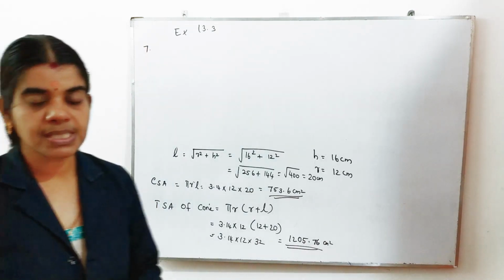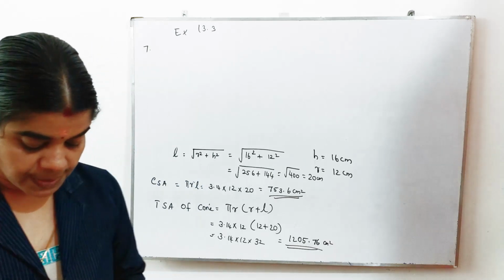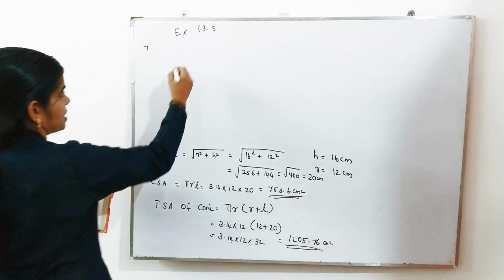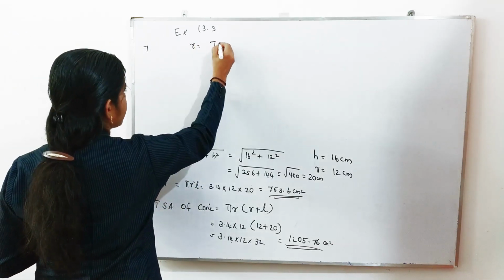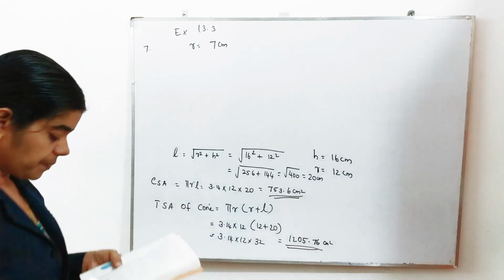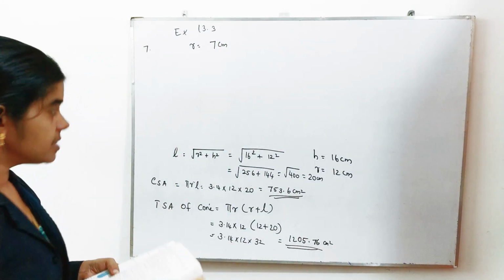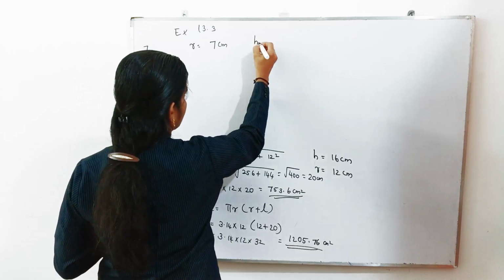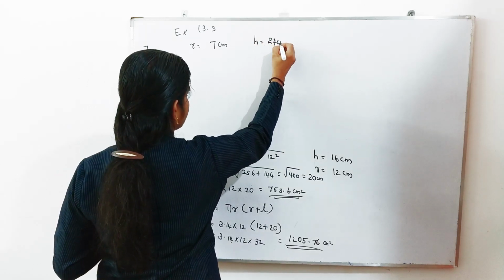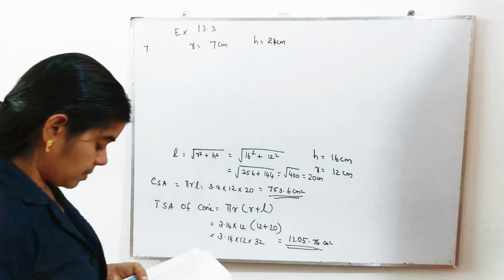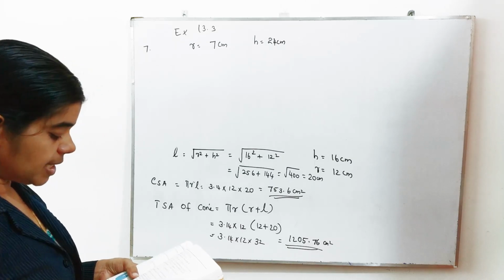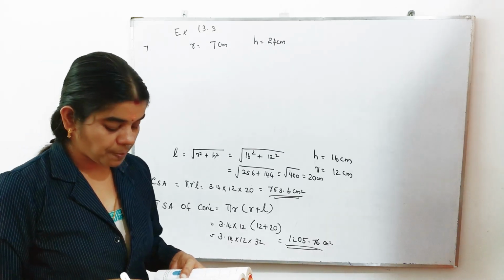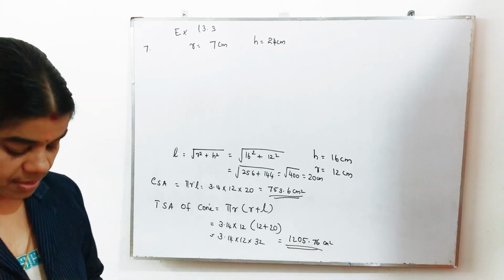A joker's cap is in the form of a cone whose base radius is 7 centimeter. Radius is given 7 centimeter and height is 24 centimeter. H is equal to 24 centimeter. Find the area of the sheet required to make 10 such caps.